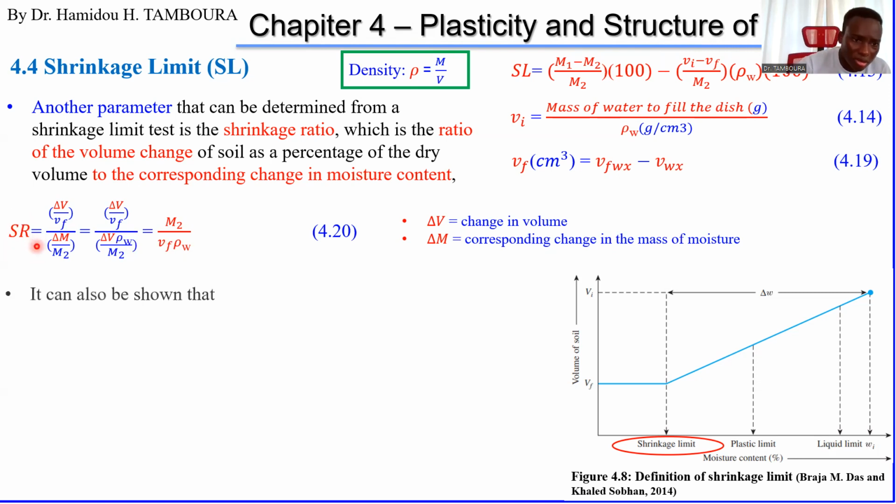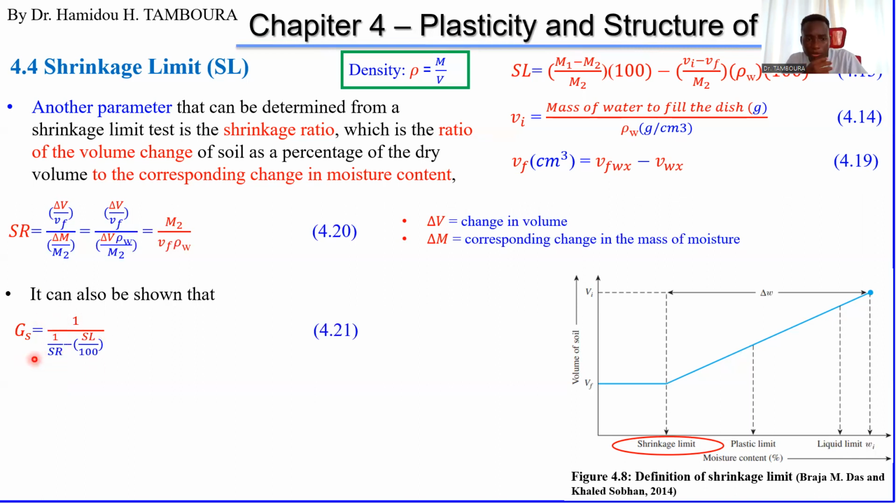Another thing is, by using this shrinkage ratio, we can show that the specific gravity of soil can be obtained from the shrinkage ratio and from the shrinkage limit, from this formula.